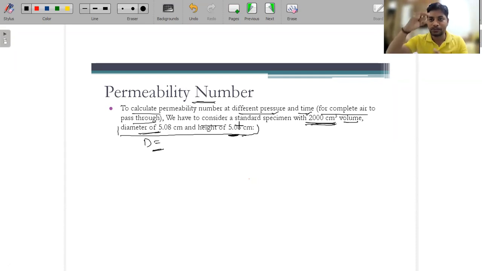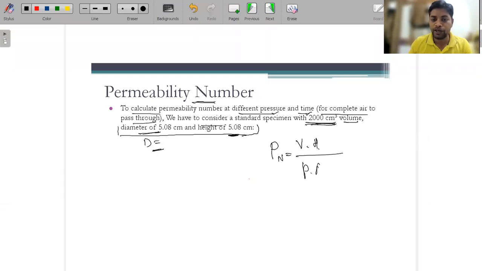That means we are making a cylinder where the height and the diameter are both equal. Now, what is the permeability number? It is represented by capital P with subscript capital N. So Pn, the permeability number, is given by V into H upon P into A into T. This is the standard formula for the permeability number.